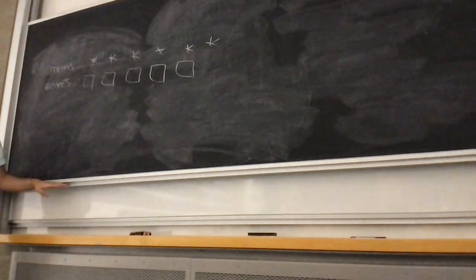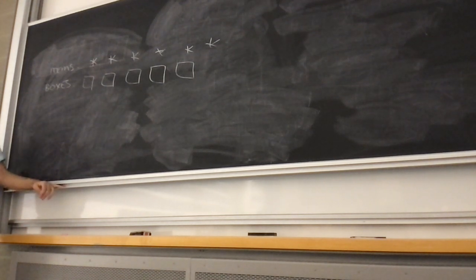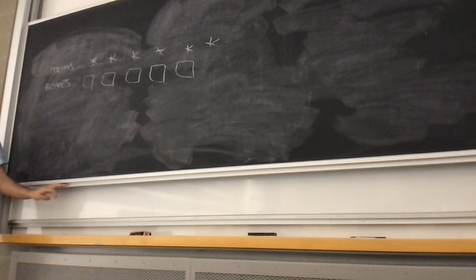You can have multiple things in a box, you can have a box that has nothing, it doesn't matter, but you're just placing them into the boxes, any way you choose. The pigeonhole principle says that once you place all the items in the boxes, there's no way that there is no box that has 2 things in it. So you can be guaranteed that there's at least one box that has at least 2 things in it, right?